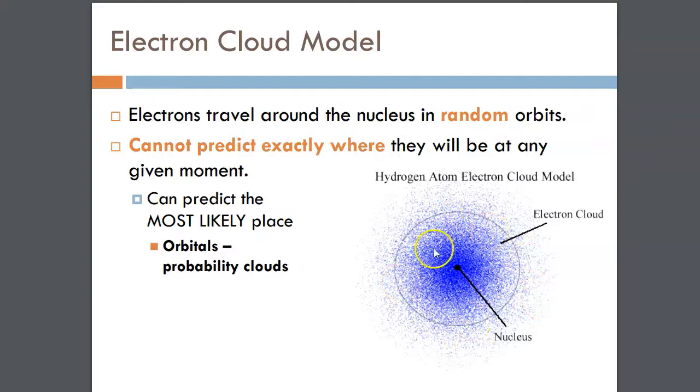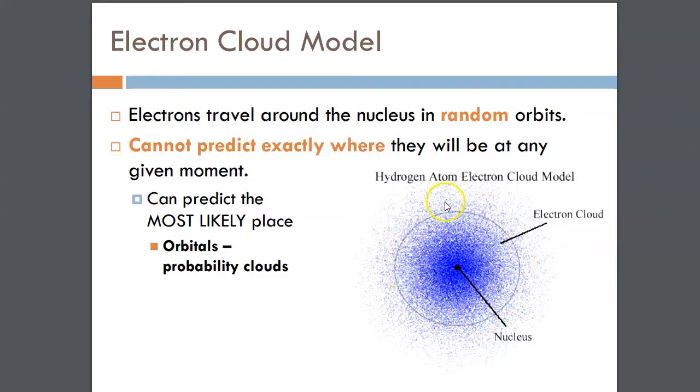And what you're going to notice is that more often the electron can be found in certain regions of space. So certain areas will get more dots placed because you found the electron there more often. And that's because the electron is more likely to be found in this region.